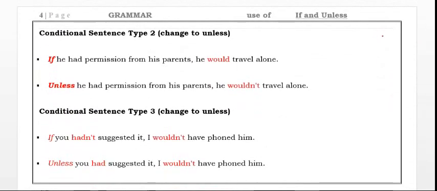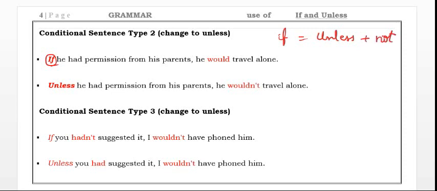Type 2 of the condition, the whole sentence is positive, that is, it is without any negative word. So if the whole is positive, that means if is positive, what will happen? Unless plus not.